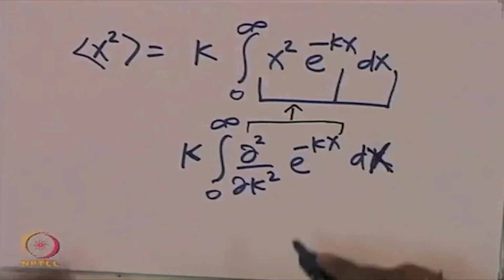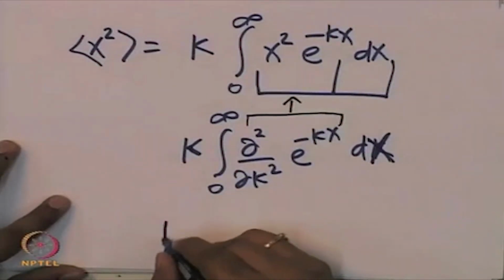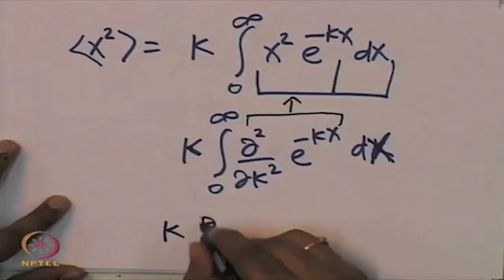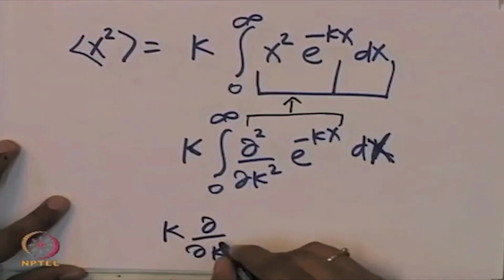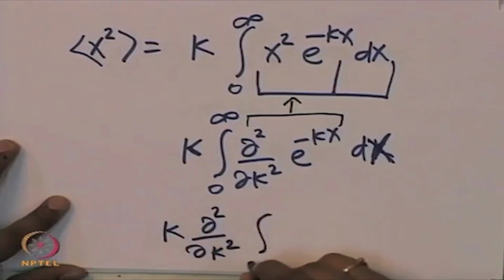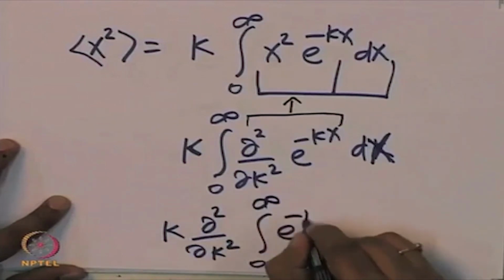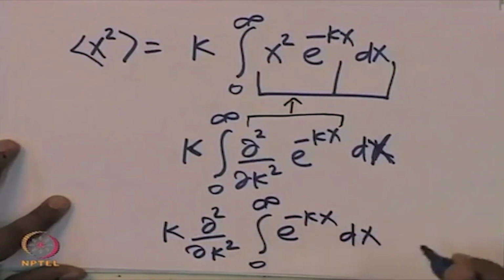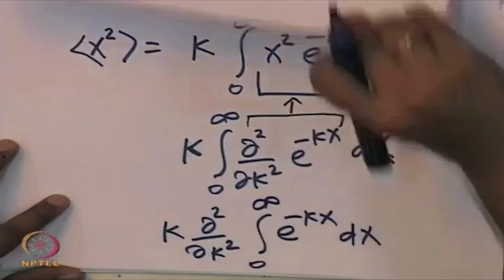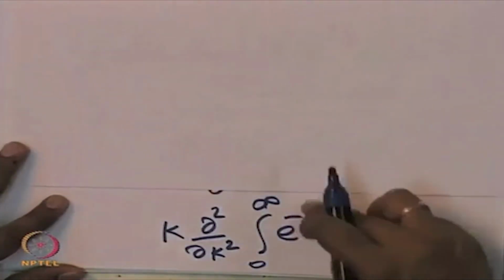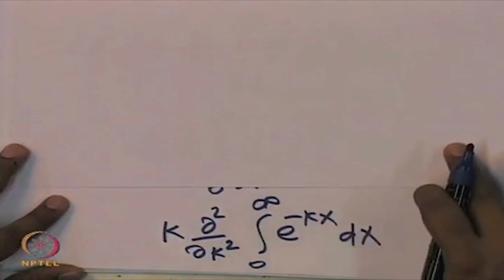Okay. So, now if you do this, what you get is k into del by del k square, 0 to infinity e power minus k x dx. So, you know that 0 to infinity e power minus k x dx is 1 over k.